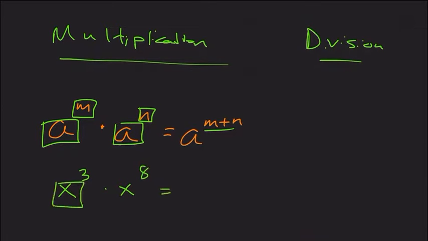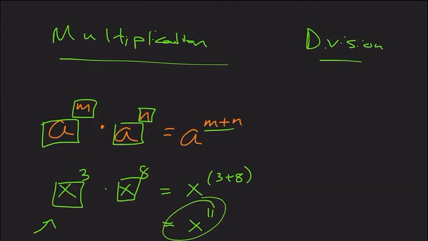We see we have the same base. They're both x's. So this would become x to the 3 plus 8, which would be x to the 11th. Like we said, it's okay if the base is a letter, a variable. Don't let that throw you off. It's the same base, we're multiplying, so add the exponents.